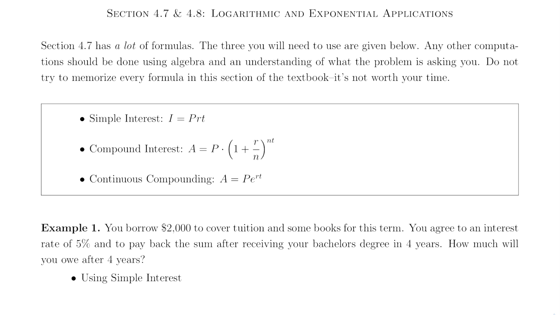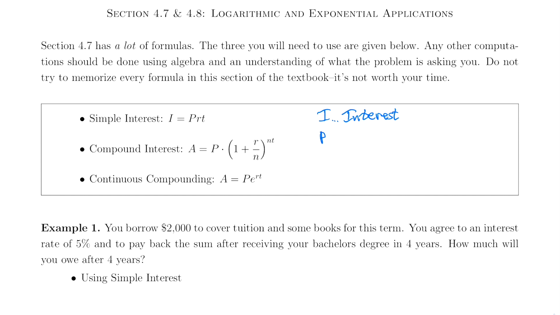So the first interest is the simple interest, and there we specifically calculate the actual interest, and consequently I means interest. Now we're calculating that interest by multiplying the amount that we either want to save or that we borrow, and then multiply that amount with the rate, the interest rate, and then multiply it with the number of years that we are either saving or borrowing, and so t denotes the time.